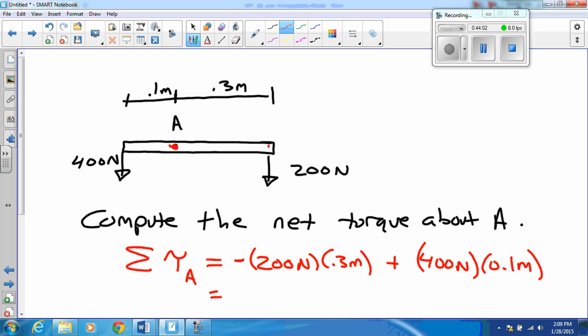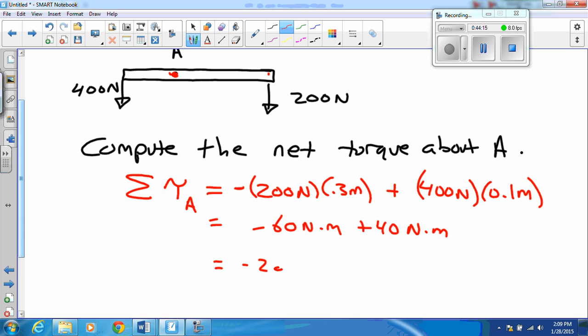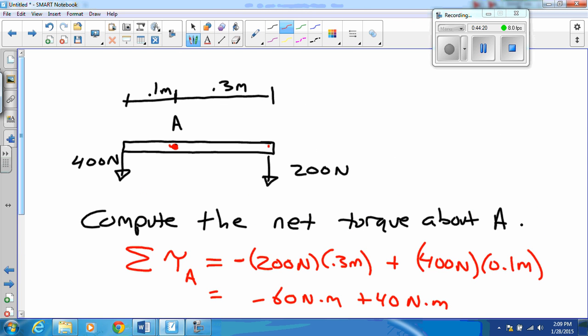Now we add them all up. 200 times 0.3 is 60. 400 times 0.1 is 40, for a net of negative 20 Newton meters worth of torque. These two forces fight each other in terms of rotation around A, and the 200 Newton force wins net because it is at a further distance. Its total torque, 200 times 0.3, outmatches the 400 times 0.1.